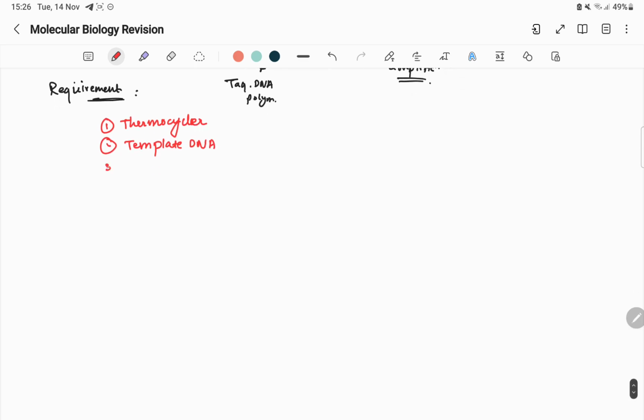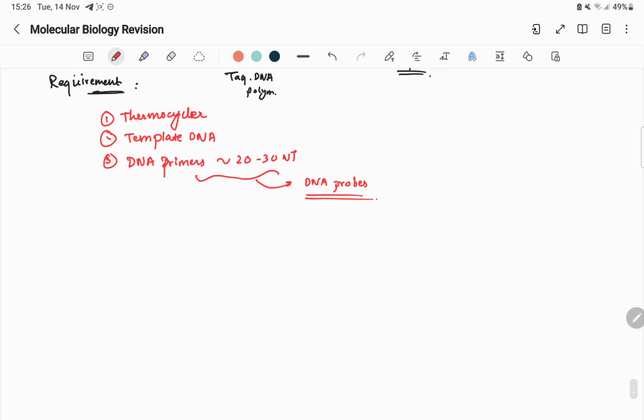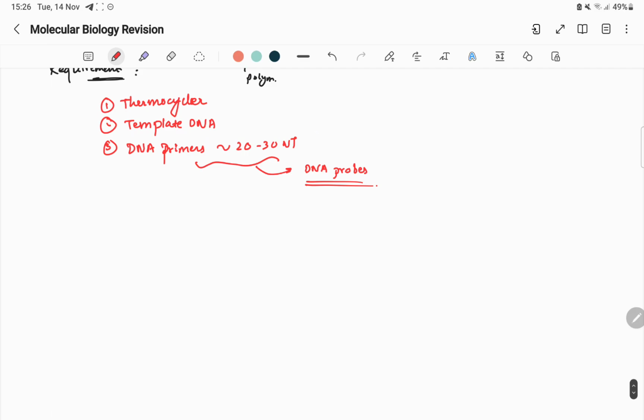Then you need DNA primers of about 20 to 30 nucleotides, which act as DNA probes. These are complementary to the target DNA. Primers may be of two types, a forward primer and a reverse primer. I am not going into details. The primers start the extension of DNA.